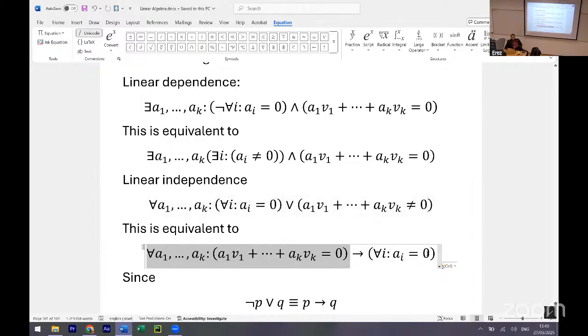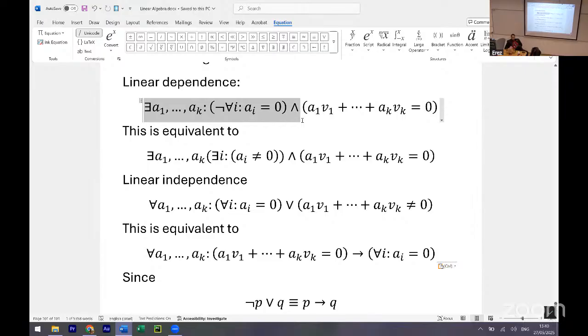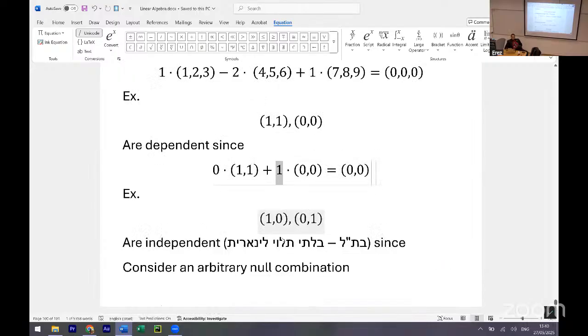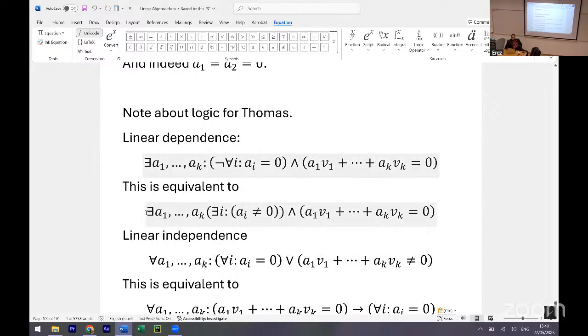So for linear independence we usually use this one, and for dependence we usually use this one. That's why I took a sum and I showed, oh, there is a coefficient which is not zero. Not all the coefficients are zero. You can say this is rather the same. The difference between the first two is not important. It's kind of the same.